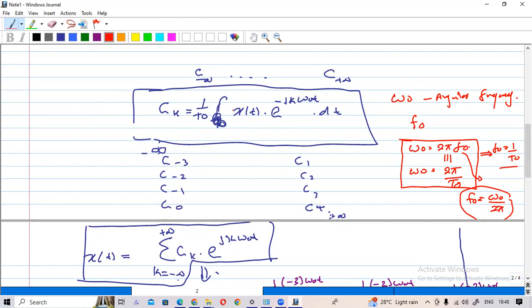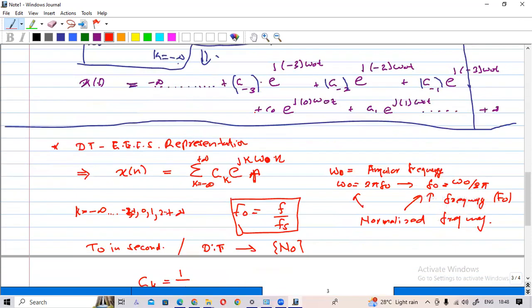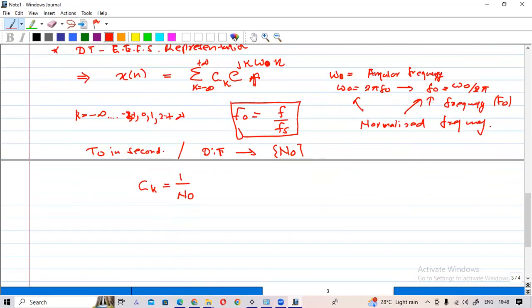So I told you this. If there are an infinite number of terms, we can't simply add all these things. For that, we have to do the integration, if this is a continuous time signal. But for the discrete time signal, you need not do the integration.